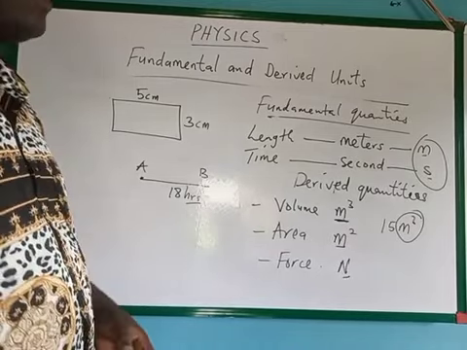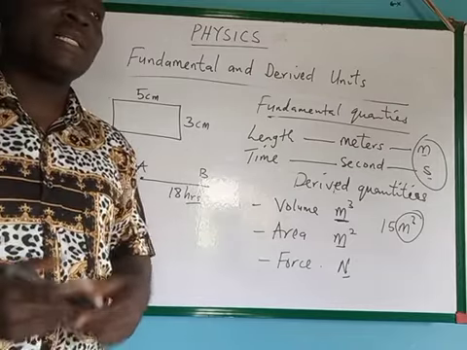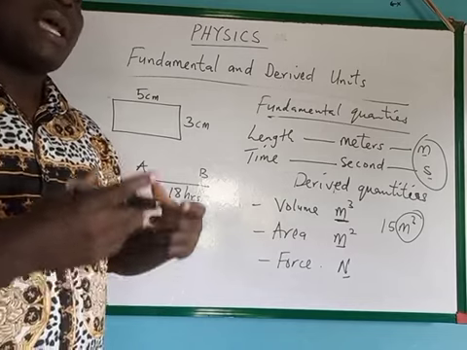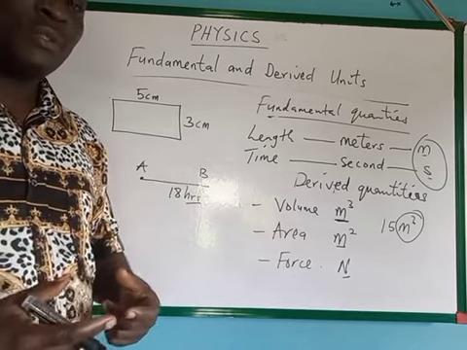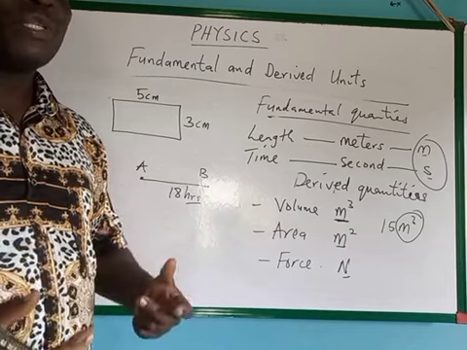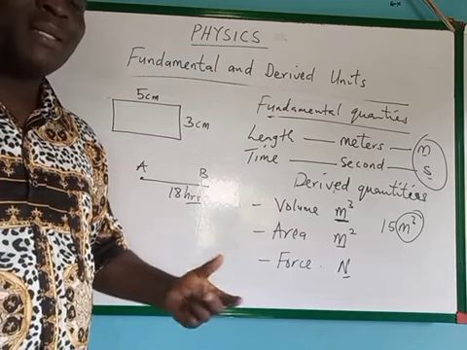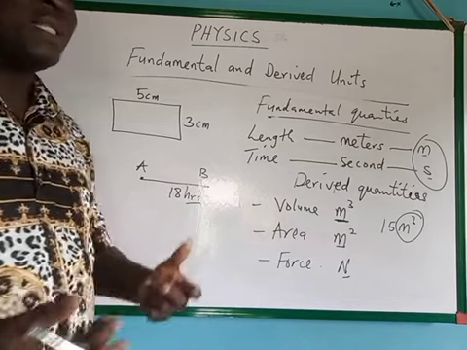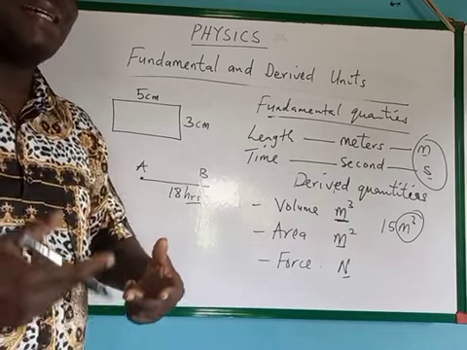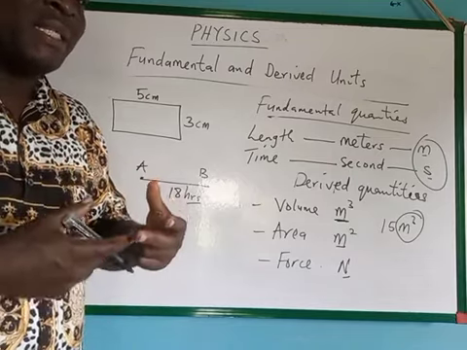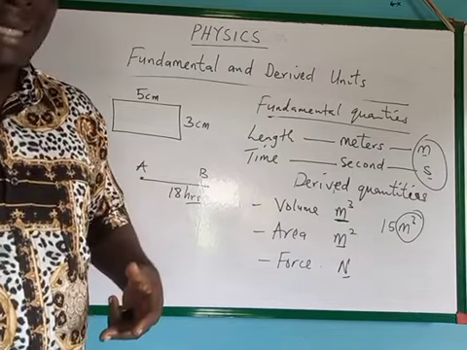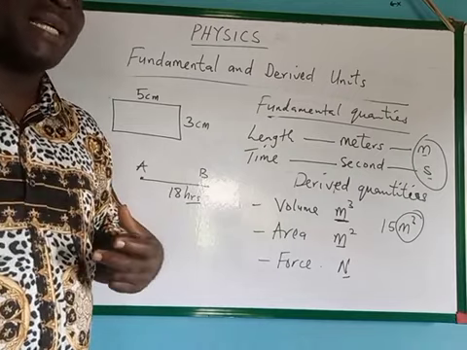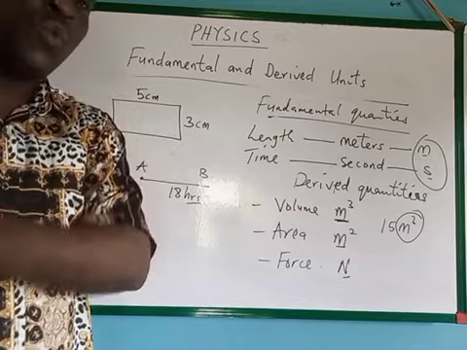So I hope we understand what we have just said. In summary, fundamental quantities are quantities that are directly measured using a simple instrument like a ruler, tape, stopwatch, stop clock. Derived quantities are quantities that we use the fundamental quantities to calculate and get. Once you use the fundamental quantities to make calculations, whatever you get becomes the derived quantities.